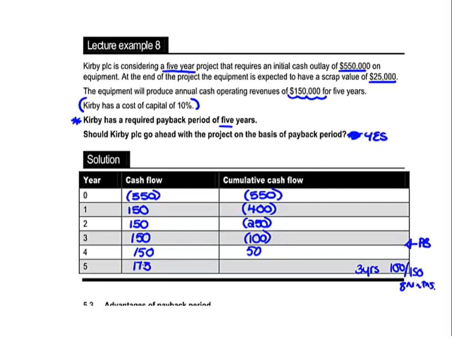If you come across the payback with an annuity, you can, as a shortcut to using this table, use 550, so the amount, divided by 150, and that will give you 3 2/3 years, so the same answer. But that only applies if the benefits are the same every single year.